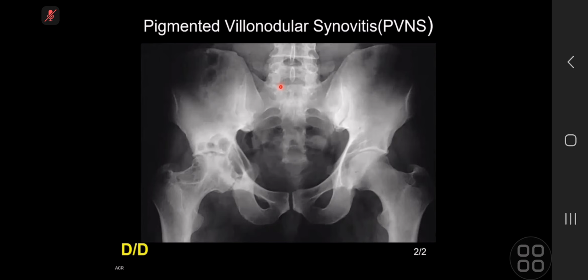When there is intraosseous extension, it can cause this kind of finding.